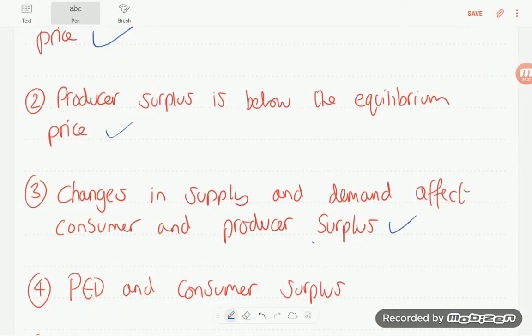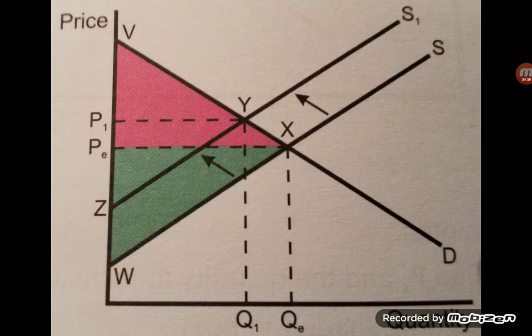Changes in supply and demand affect consumer and producer surplus. Anything that causes a shift in the supply or demand curve can lead to a change in the price of a good. A change in price will bring a good closer to or further away from the amount the buyer was willing to pay or the supplier was willing to sell for, and this will change the consumer and producer surplus.